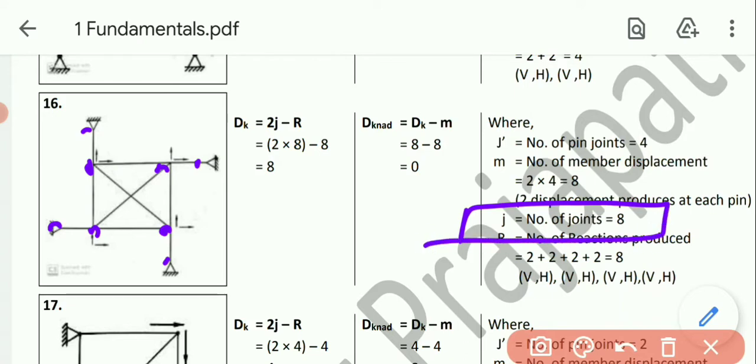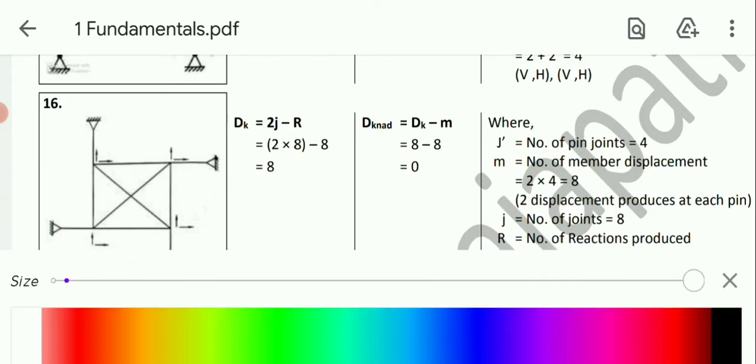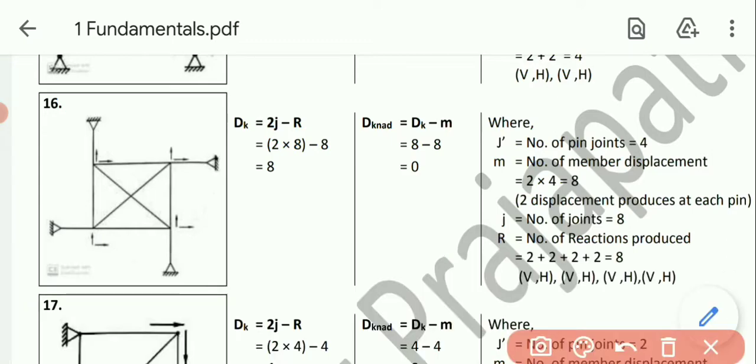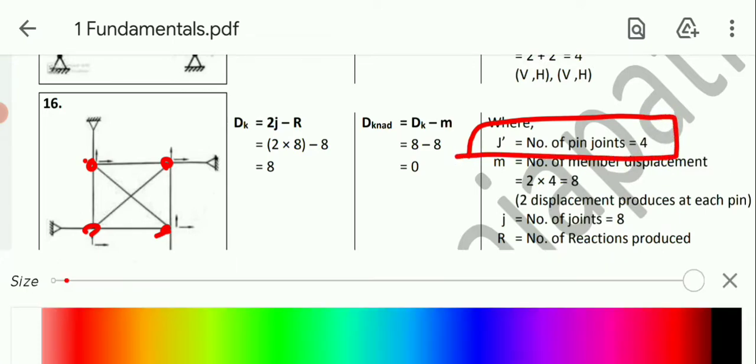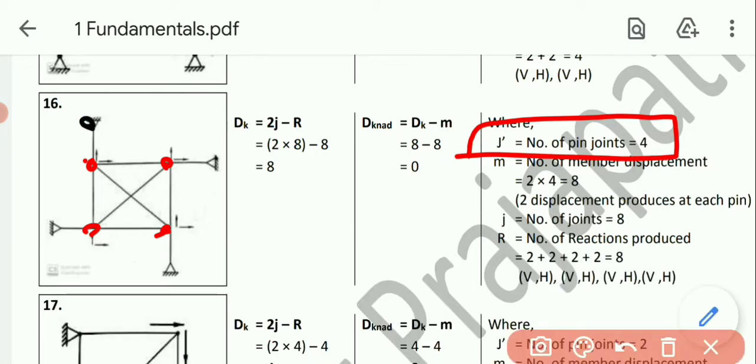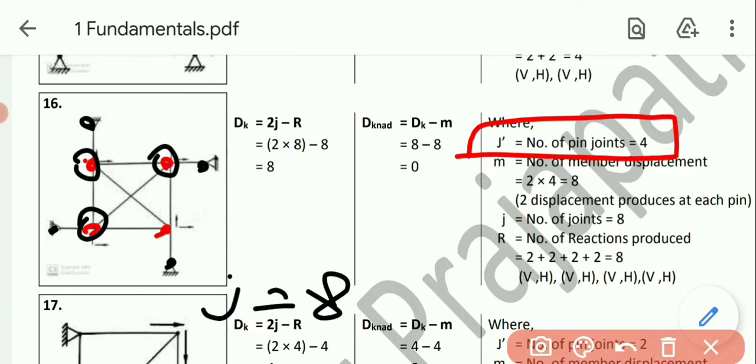Then, except at the supports, the pin joints are there. See, 1, 2, 3 and 4. The pin joints are the joints which are not at a support, and the remaining ones will be at a support, that is this one, this one, this one and this one. So the total number of joints is 8, out of which 4 that are not at the support are considered as pin joints.